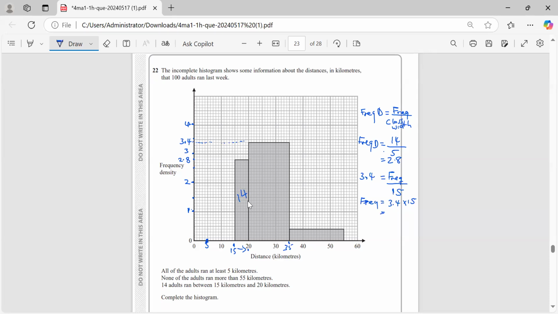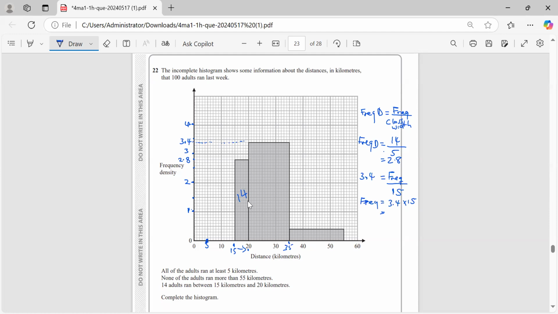3.4 times 15, let's check on the calculator.